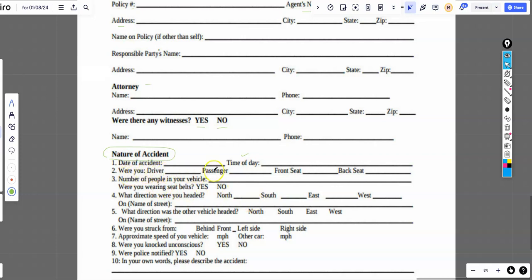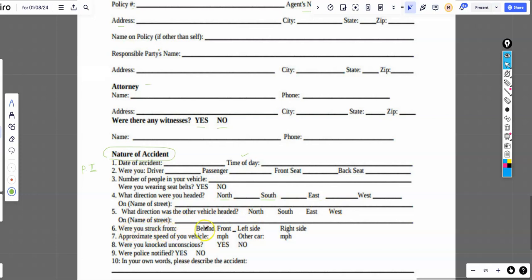Were you the driver, the passenger, the front seat, back seat, number of people in your vehicle? Were you wearing your seatbelt? So this all has to pertain to personal injury. And obviously this seems like it was an accident, maybe a car accident. What direction were you headed? This is very precise. Were they going north, south, east, or west? What direction was the other vehicle headed?